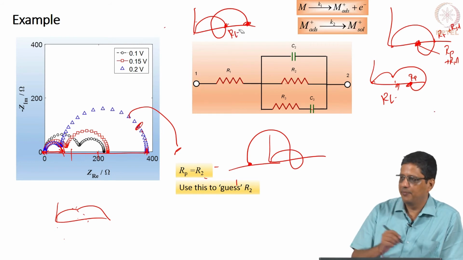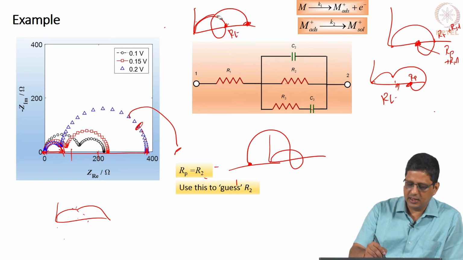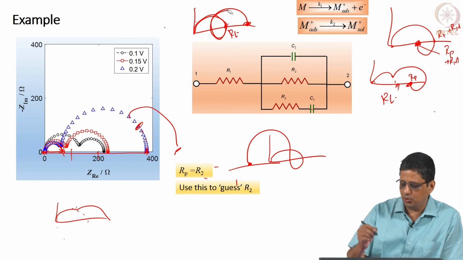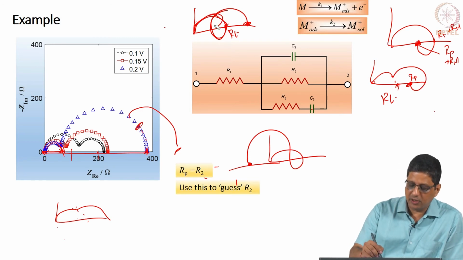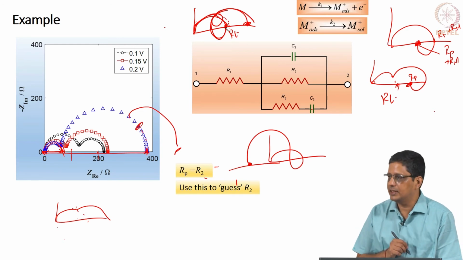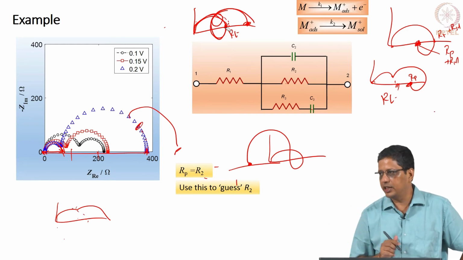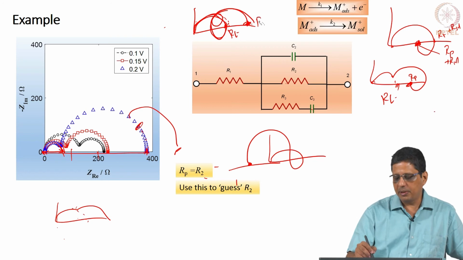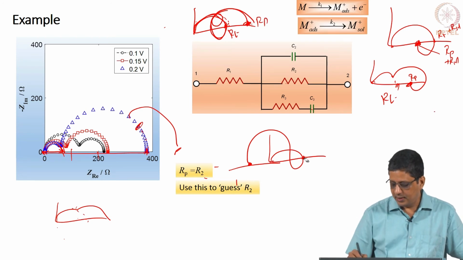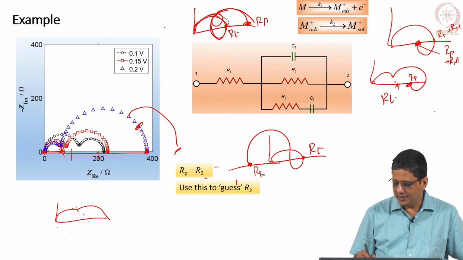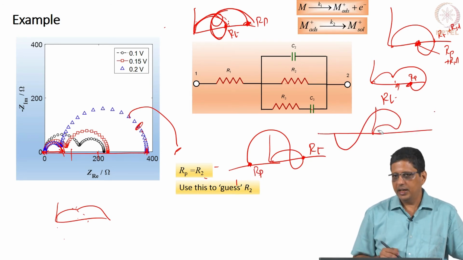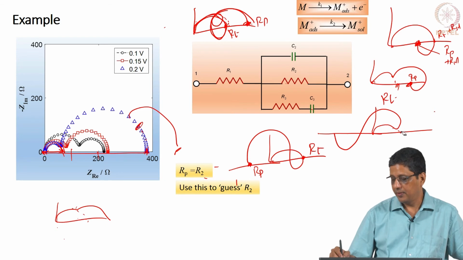This is RT. It starts here, comes like this and then forms a loop. It can form a loop like this, it can form a loop here, it does not matter where it is going to hit the real axis. If only a resistance is there, it is projected out there, and this is Rp. This is RT, this is Rp. We have data like this. This point is going to be RT.